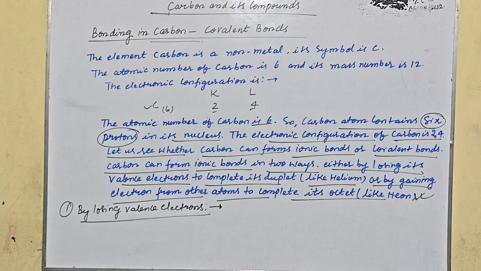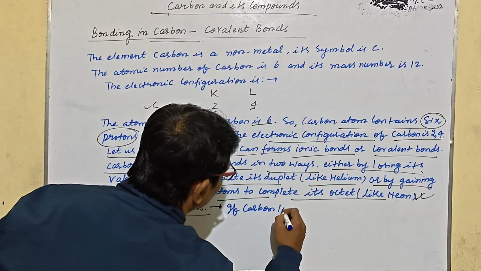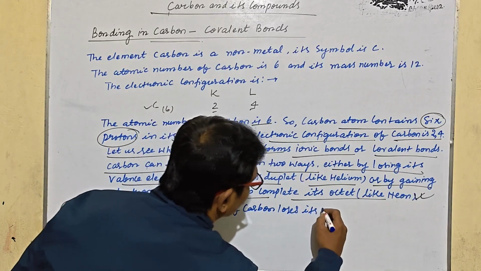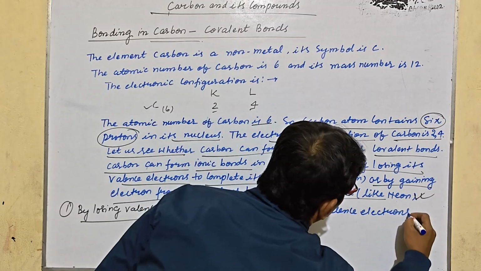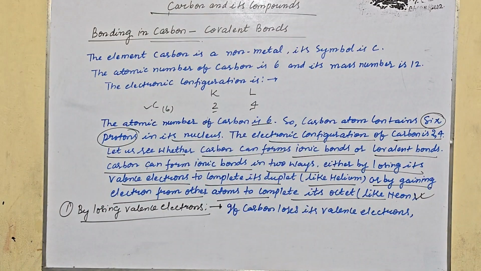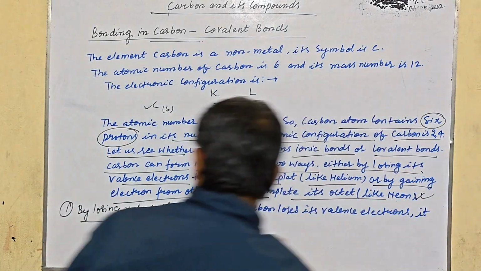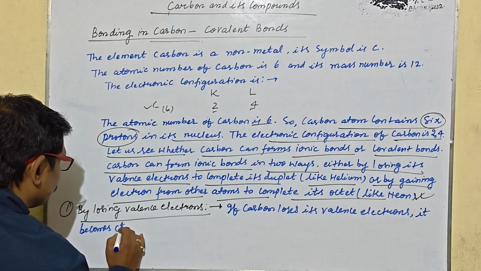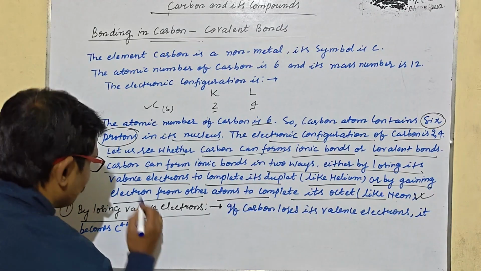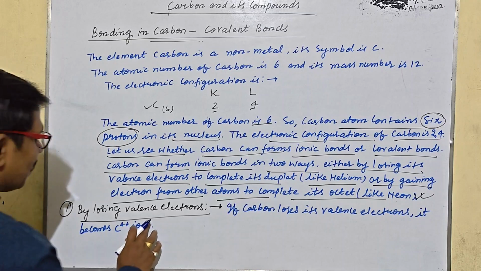If carbon loses its valence electrons, it becomes a C4+ ion.